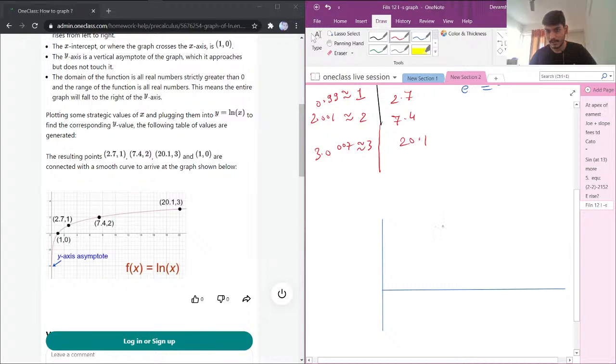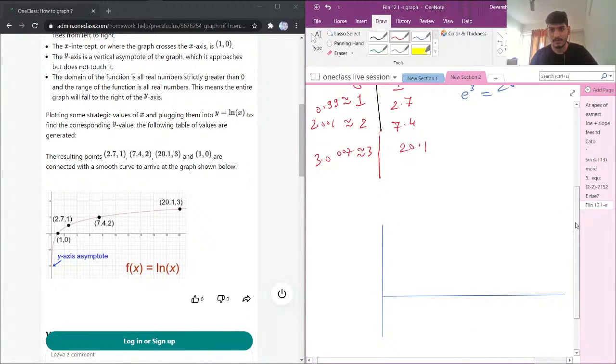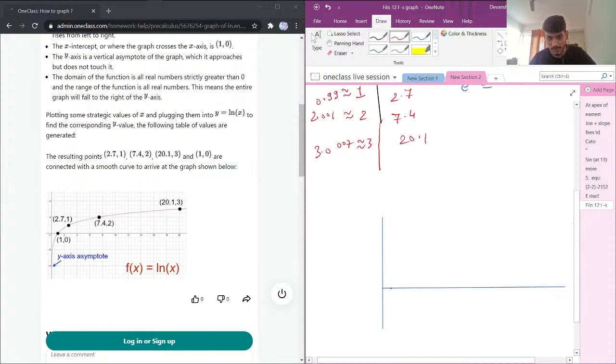So for x we have 1, 2.7, 7.4 and 20.1. Let's say this is 1, then this is 2, then 3, 4, 5, up to 19, and let's say this is 20. 20.1 will lie here. And for y we have 0, 1, 2, 3.